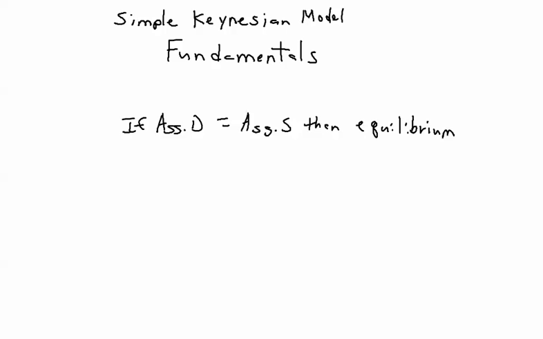But suppose a situation happens that aggregate demand is greater than aggregate supply. Then what happens? Well, when aggregate demand is greater than aggregate supply, then inventories fall, all right, because you're selling stuff faster than you're producing it.